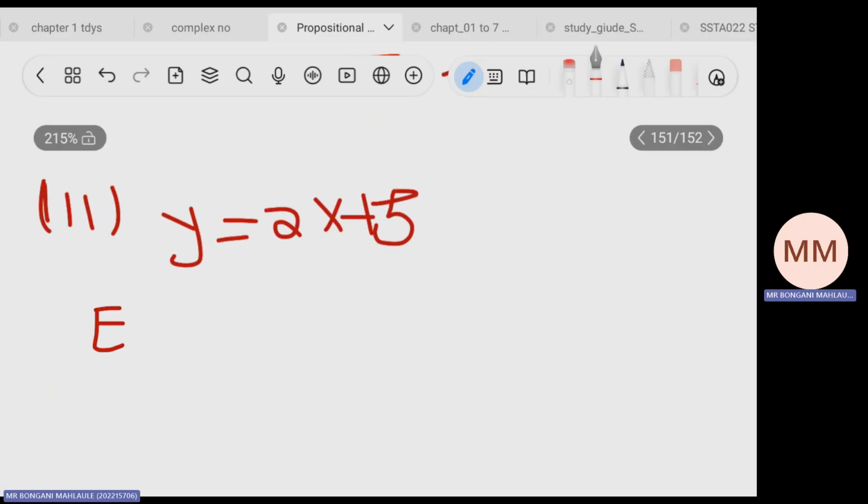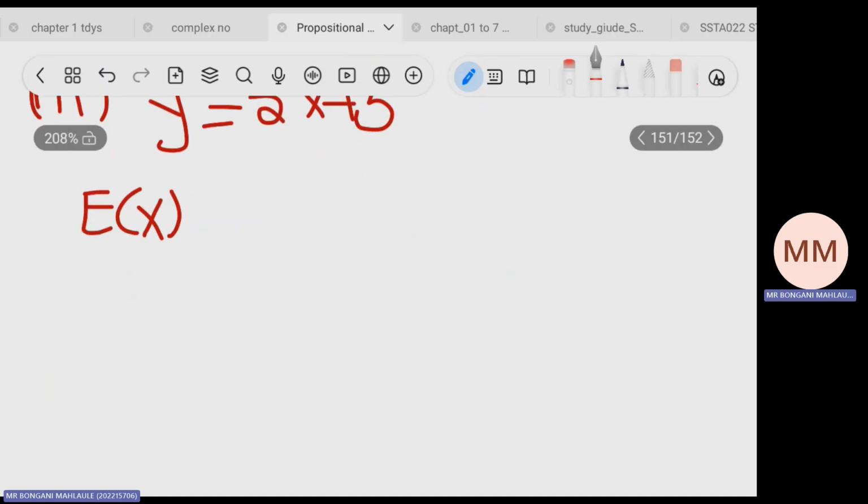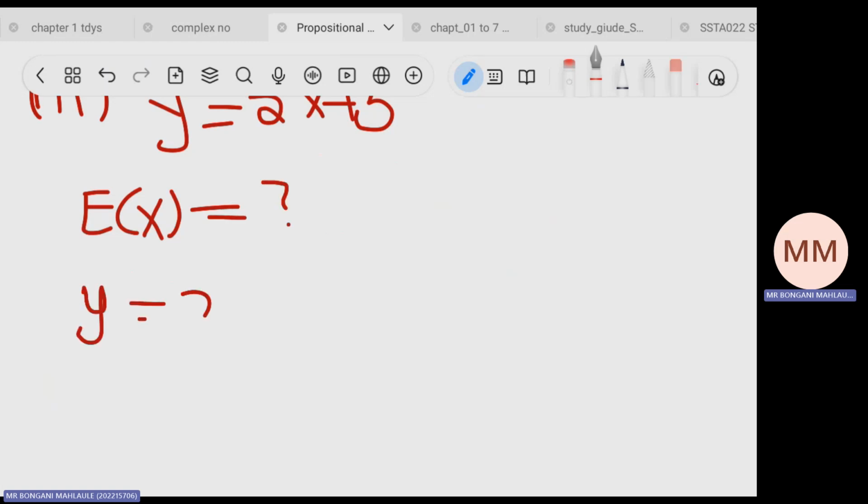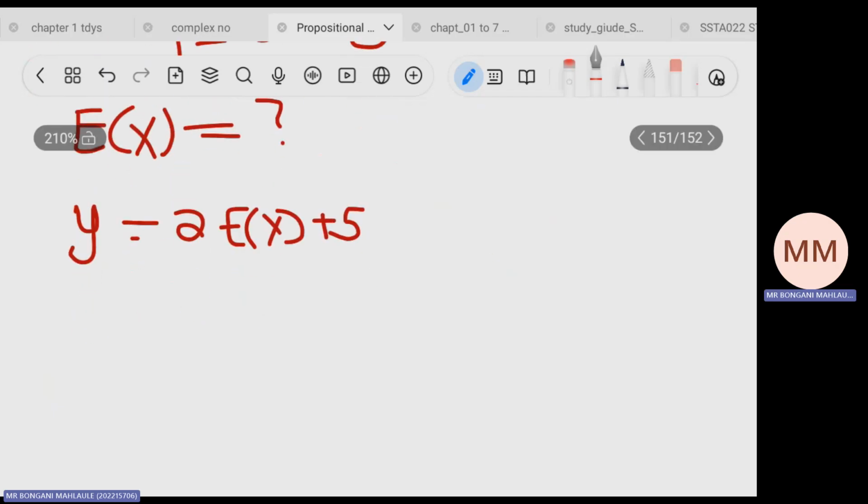So obviously, if you know the expected value, which you'll have to first calculate, then you'll say Y is equal to 2 times the expected value of X plus 5.